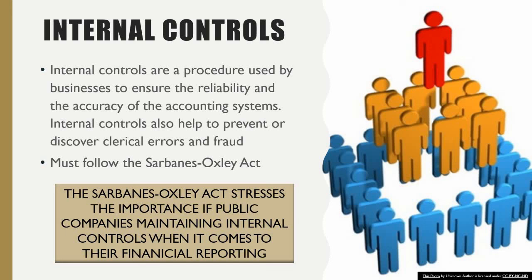Now, a little fun fact here. The reason why we have the Sarbanes-Oxley Act today is because of Enron. Enron was a major corporation dealing with electricity, and they manipulated their customers because they were a monopoly. They were the only company that provided electricity, and they cooked the books.